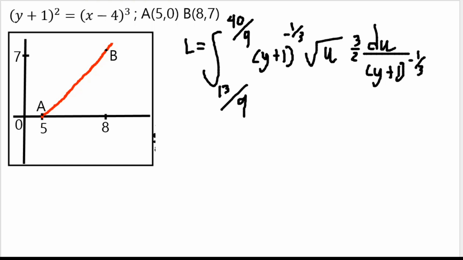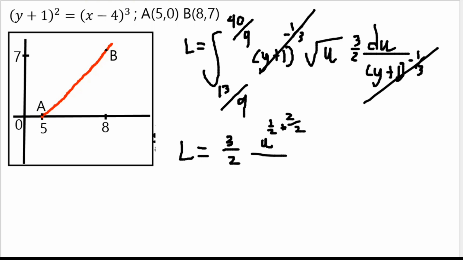Okay, let's scan on this. Delete these things. Now we're going to integrate this. We can just cancel the y + 1 thing here and then use the fundamental theorem of calculus. So we got 3/2 and then 1/2 plus 1, or we can put 2/2 so it makes things easier.